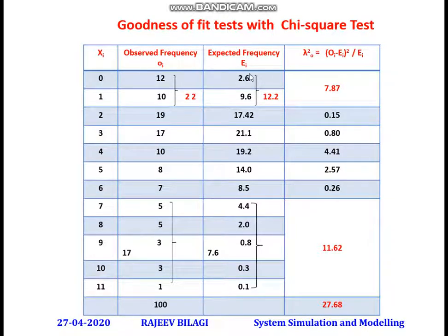Our value of Ei should always be greater than or equal to 5. If it is less than 5, you have to add with the adjacent cell. When you add these two, the corresponding cells in the observed frequency also have to be added. Okay, 2.6, 9.6 I have added, 12.2, and correspondingly this one also I added.